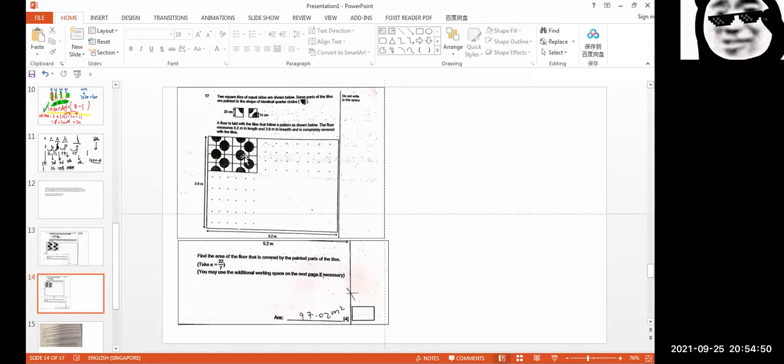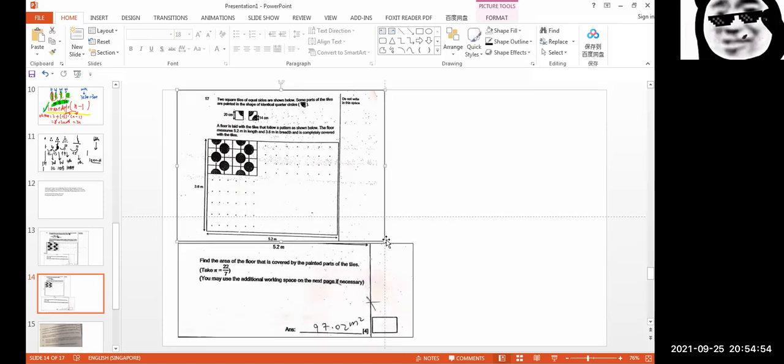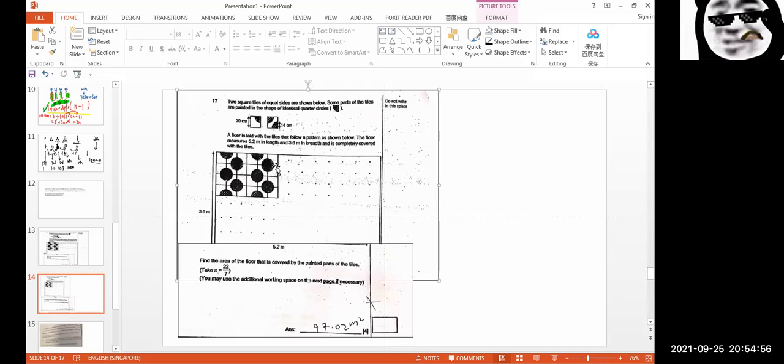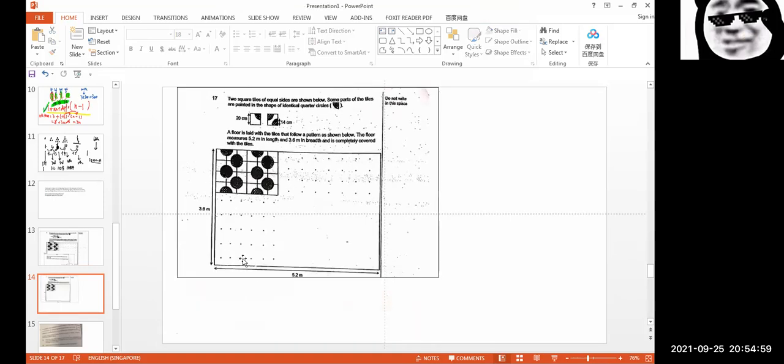Okay, good. So basically, you need to find out how many so-called quadrants are inside this one. Does it make sense? How many quadrants are there?